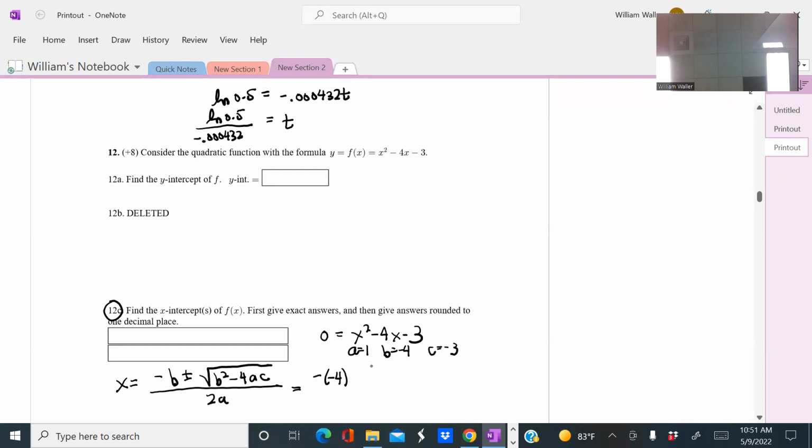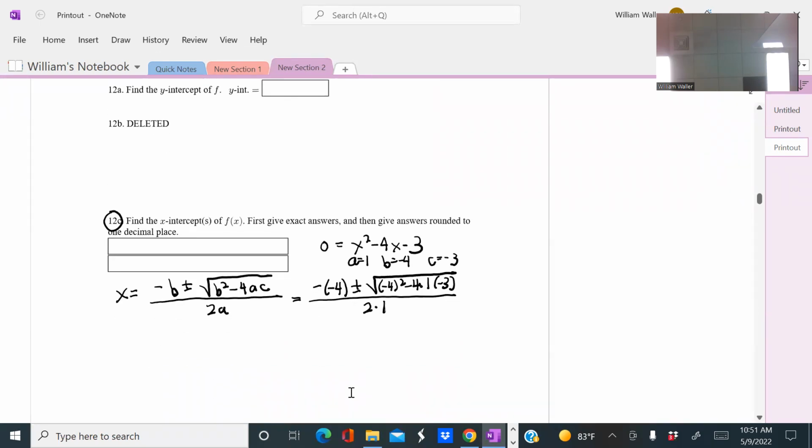So just substitute the values, right? And really, the hard part of using the quadratic formula is simplifying it. It's not substituting in the numbers.